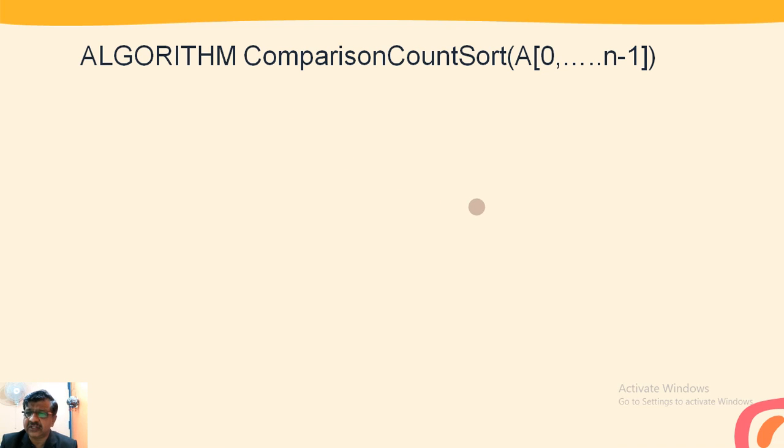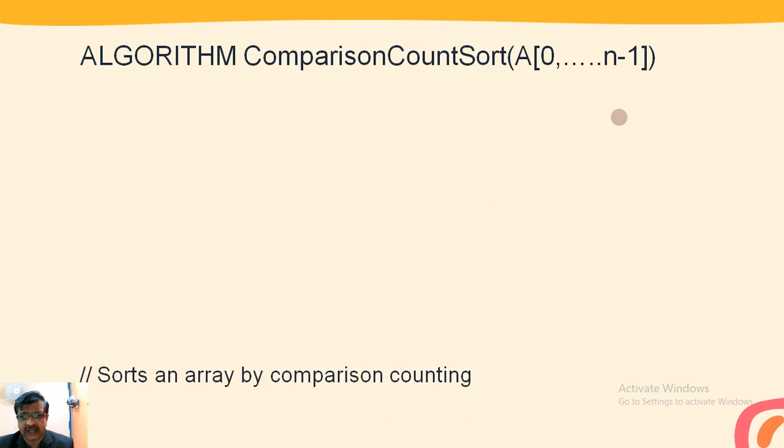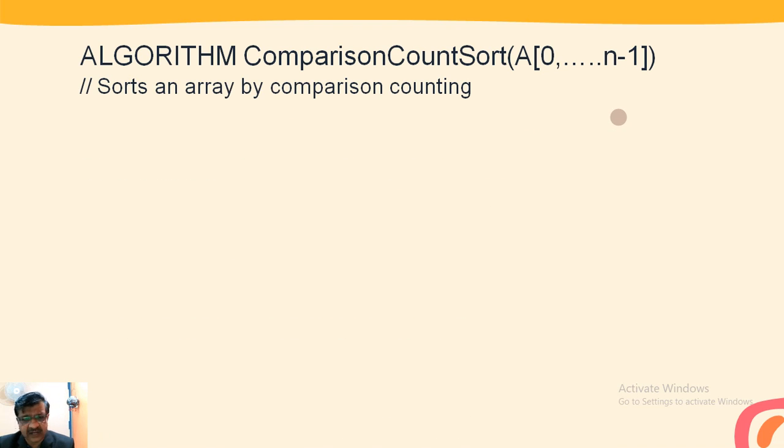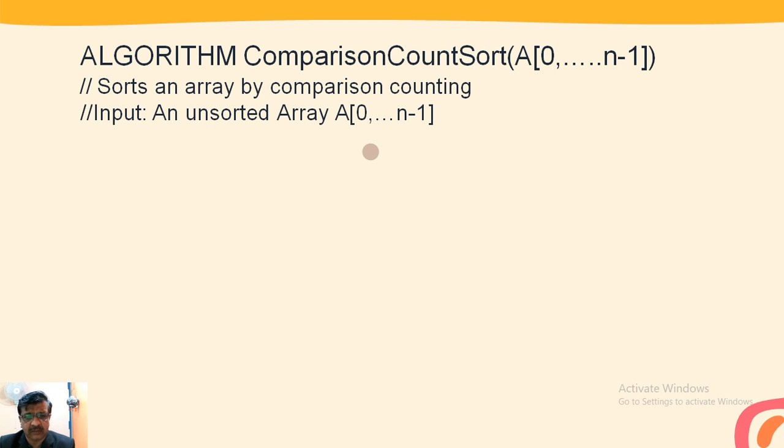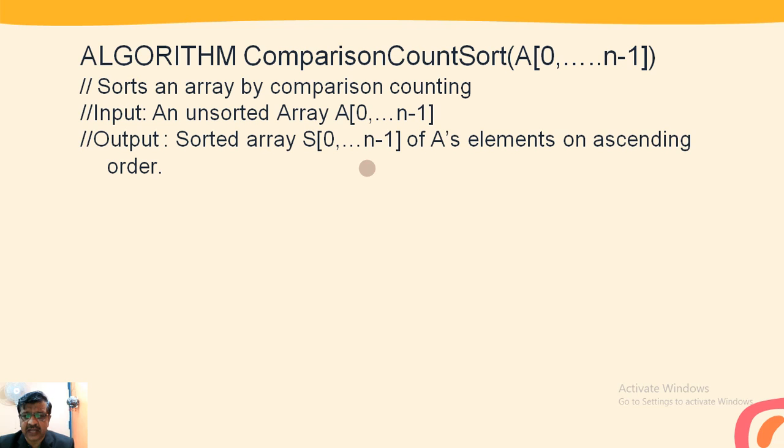Comparison count sort, A[0 to n-1]. What it does: it sorts an array by comparison counting. Input: an unsorted array A[0 to n-1], and output: a sorted array S, which is an extra space, of course, of A's elements in ascending order.